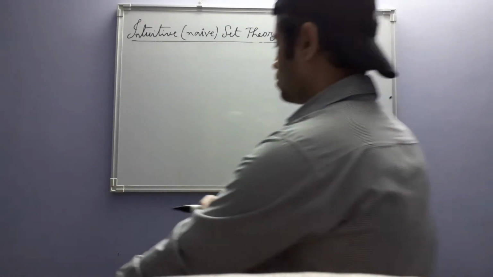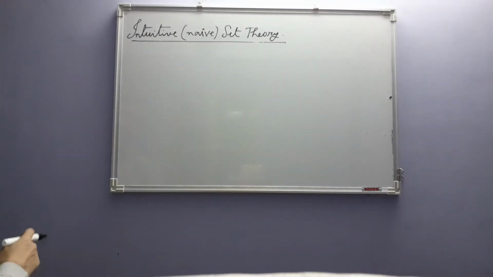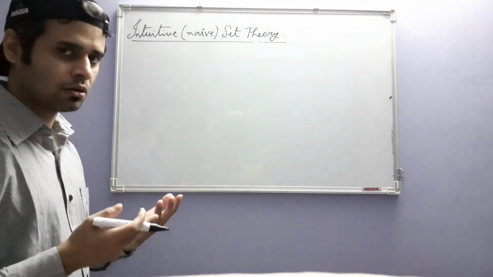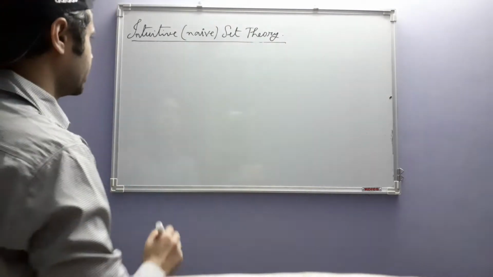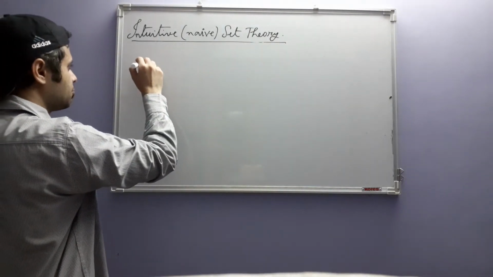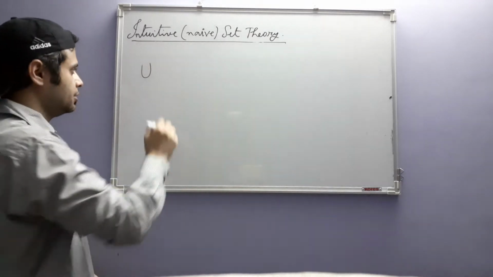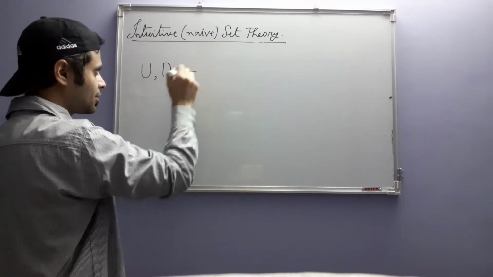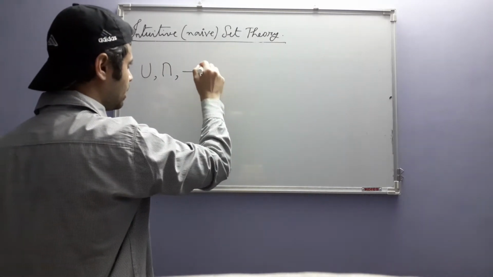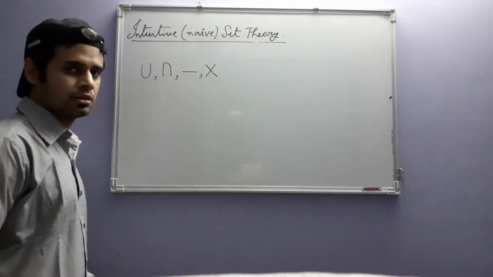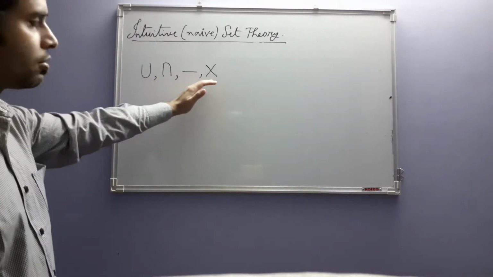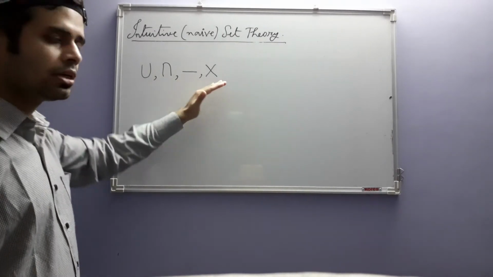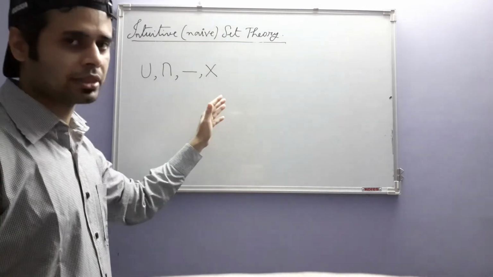Okay, now from this, so how many operations have we encountered so far? We have seen what union of two sets is, what intersection is, what difference of two sets is, and now we have Cartesian product. These are the four basic operations which will frequently occur when you study mathematics.